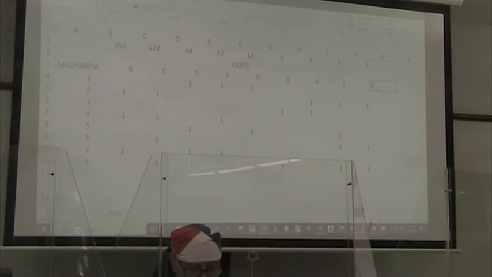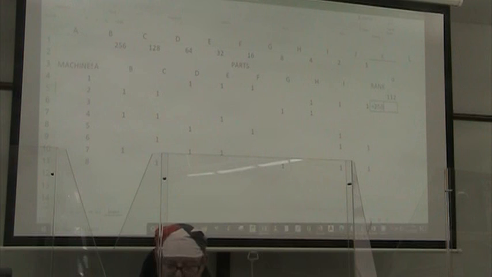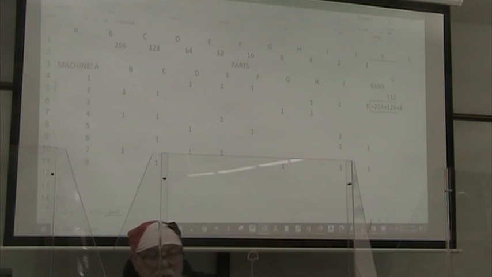And finally we have to figure out rank. For machine 1, it's a 64 plus a 32 plus a 16. For machine 2, it's a 256 plus a 128 plus a 4 plus a 2 plus a 1.